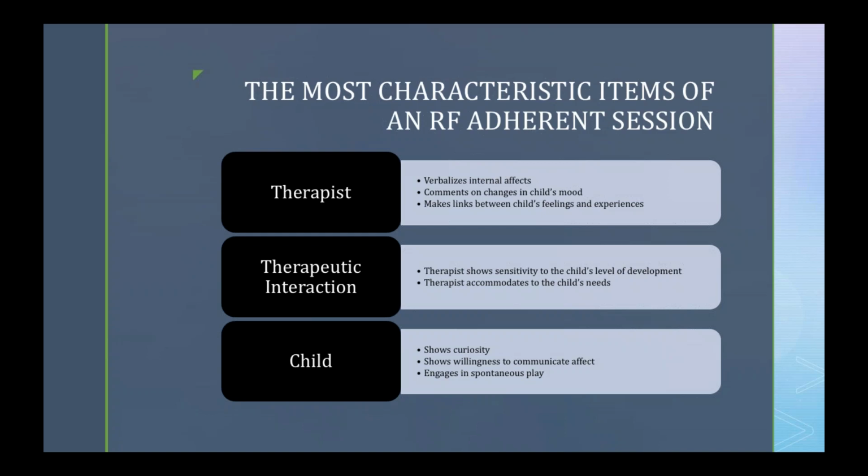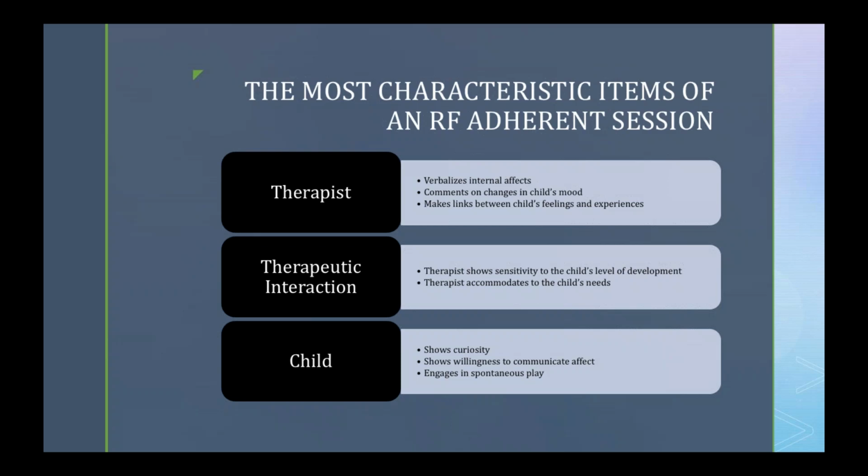These are the most prototypical items. So we use the Child Process Q-set, and we had this most prototypical mentalization adherent session. And we correlated our sessions with that theoretically adherent session, and we got a score that showed us how mentalization adherent our sessions are.